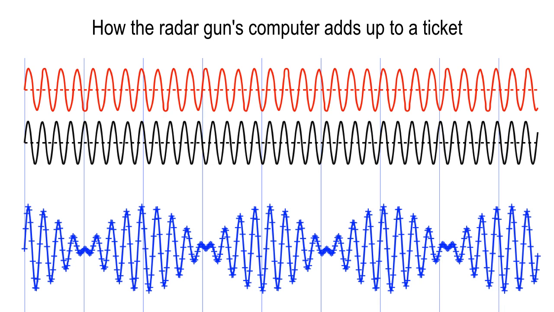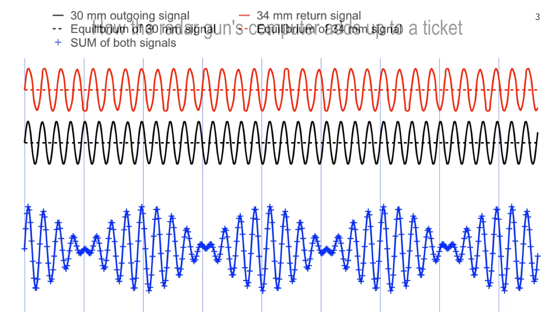And what I've got depicted here is a pair of signals. I styled them as audio signals for the homework, but now I want to think of them as electromagnetic signals picked up by the radar gun. And actually, one of them is sent out by the radar gun.